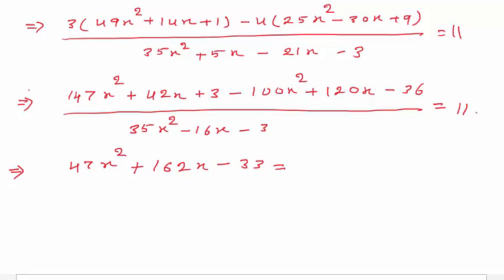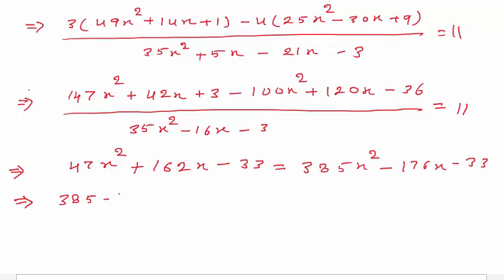It is equal to, I cross multiply, so this is 385 times x square minus 176 times x minus 33. So on the left hand side I have minus 33, on the right hand side I have minus 33, they will cancel each other. So what I will have is 385x square minus 47x square.